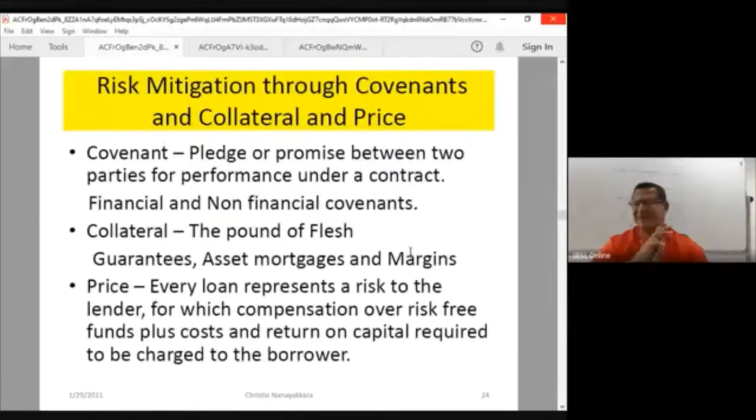And this slide is important. One of the key risk mitigation techniques is to take covenants. A pledge or promise between 2 parties. That means you put certain conditions, so the borrower will not be very fancy in his expenditures.